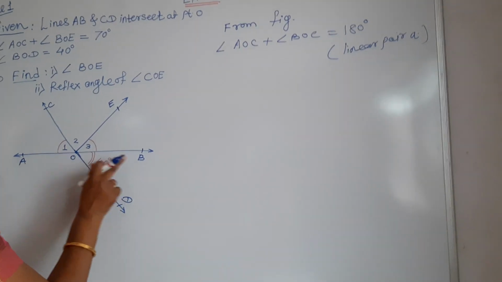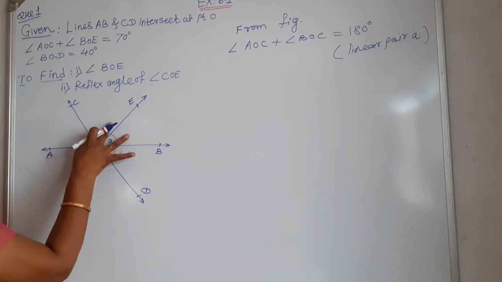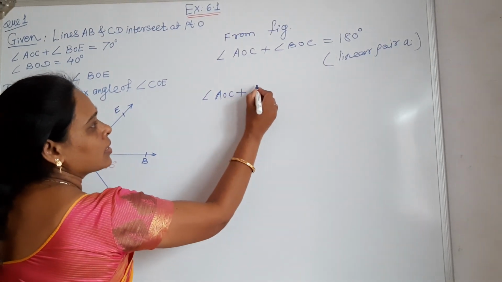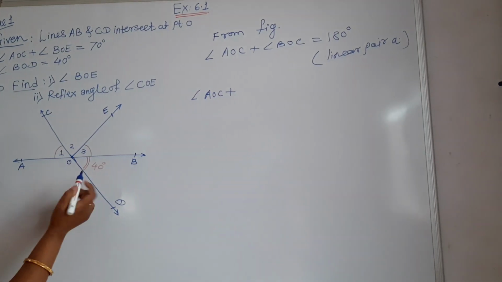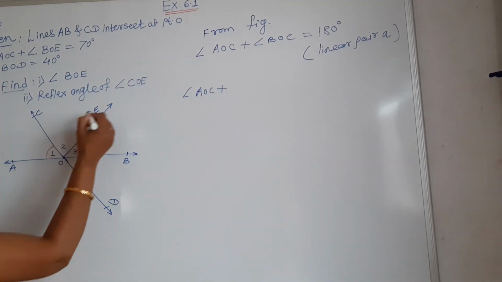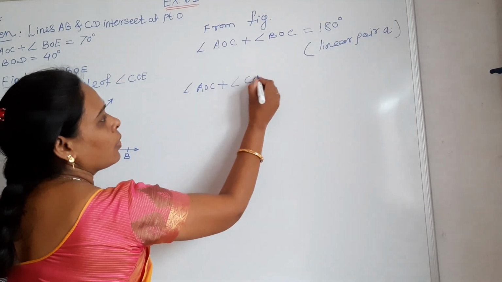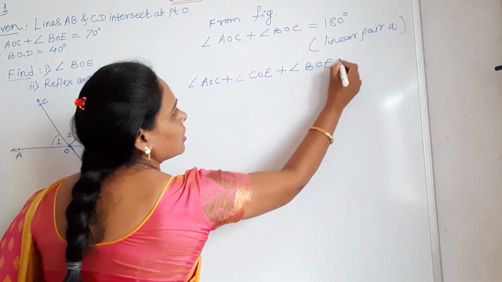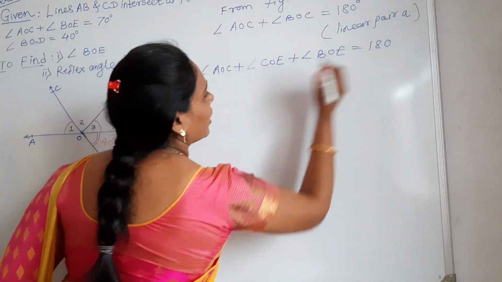But here BOC is divided into two parts. Write down those two parts: AOC plus the parts of BOC, which are BOE and COE. Angle AOC plus angle COE plus angle BOE is equal to 180 degrees.